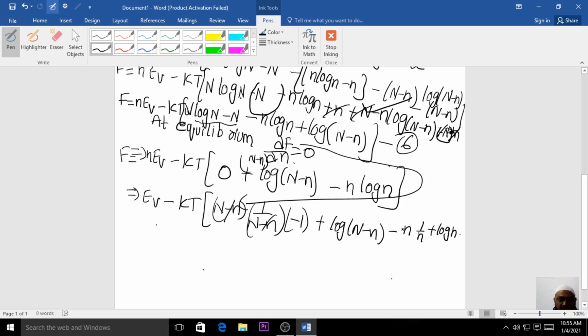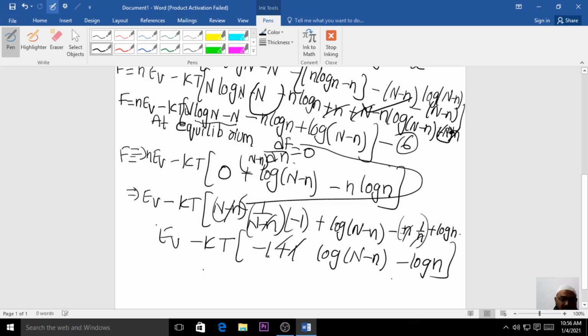This is minus, and this term will be here. You will find that minus into minus will be plus here. So EV minus KT minus 1 plus 1 log of N minus n, minus log of n. Minus into minus, you will find that here you will get plus log n.